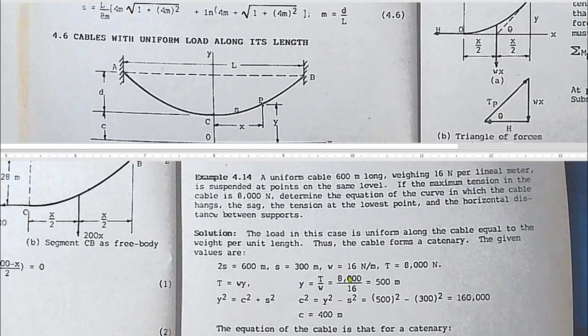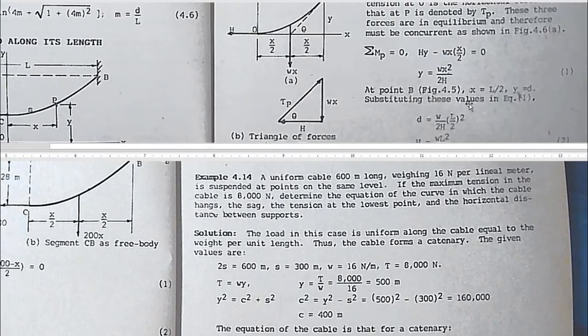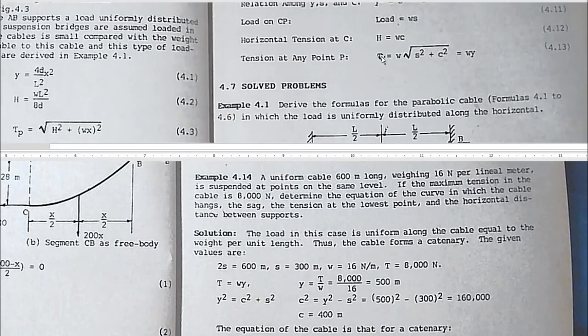Next, notice na yung equation na T at any point is equal to W times Y. So, meron na tayong T, which is 8,000. Meron na tayong W, which is 16. So, we can easily solve for Y, which is 500 meters. Okay? Now, what is that distance Y?